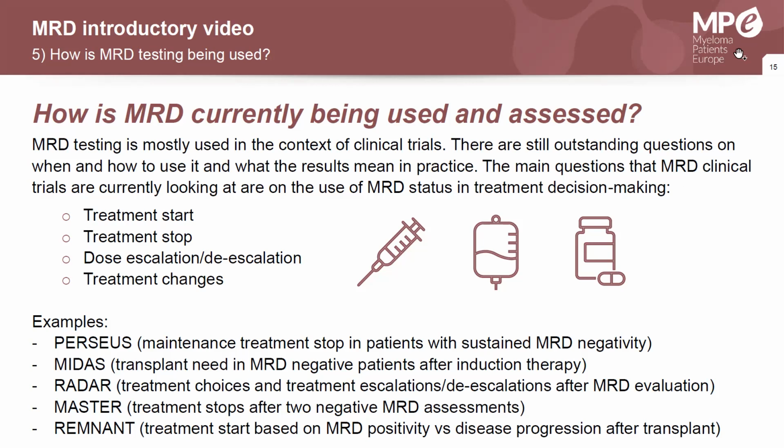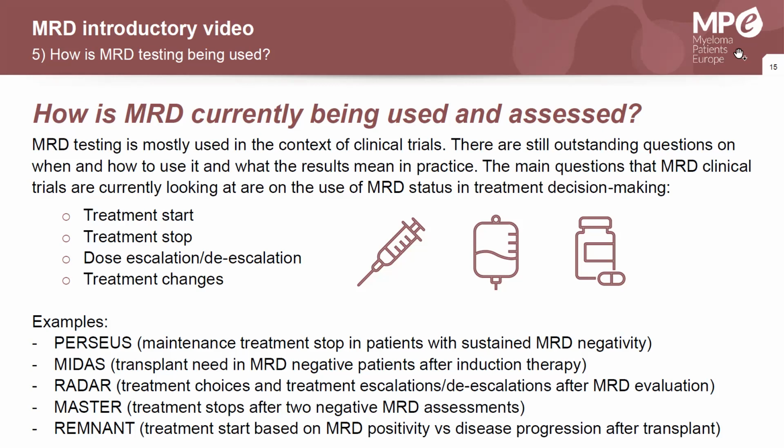Examples of studies investigating those questions are the Perseus study, which is exploring stopping maintenance treatment in patients with sustained MRD negativity. The MIDAS study, which is exploring whether patients need a transplant if they are MRD negative after the induction therapy.